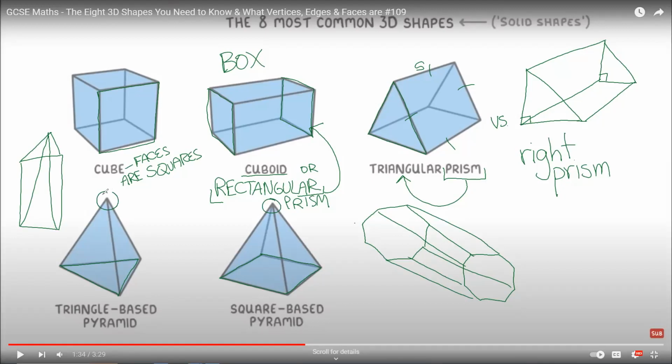Here, what distinguishes a pyramid from a prism is that we only have one base instead of two bases. So the edges and faces come together to create a top vertex.